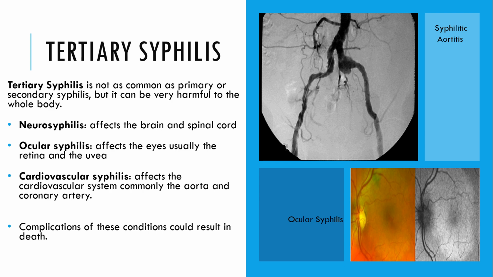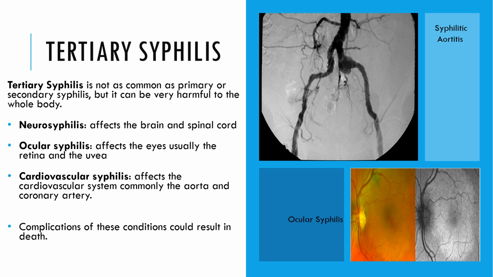Tertiary syphilis can occur many years after initial infection, wreaking havoc on the neurological, ocular, and cardiovascular systems. Neurosyphilis affects the brain and the spinal cord. Ocular syphilis affects the eyes, usually the retina and the uvea.